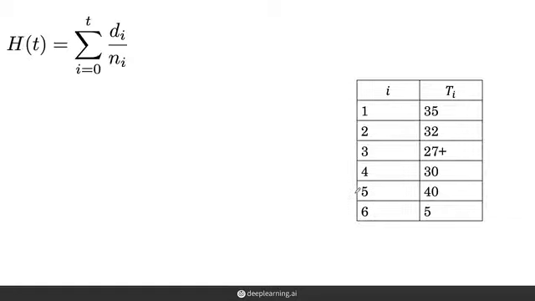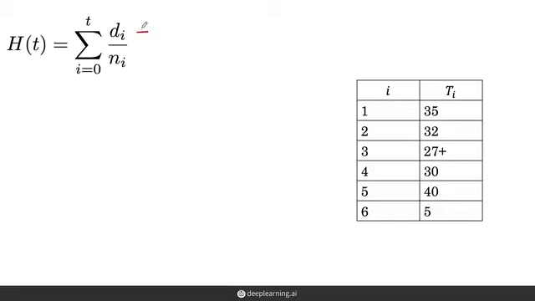So here we have, once again, the formula for the cumulative hazard, and we have the table where we have the data that we will use to estimate the cumulative hazard. So let's look at this expression in a little more detail. We have the sum from i equals 0 to t of d_i over n_i. And the definitions of d_i and n_i are the same as before.